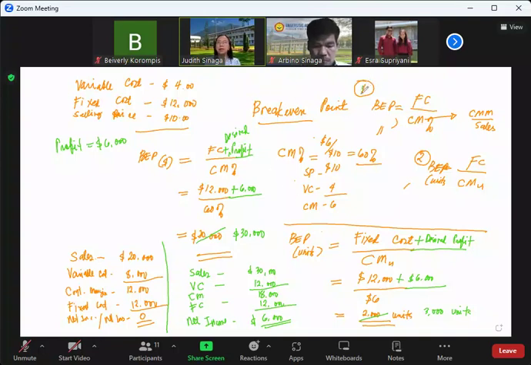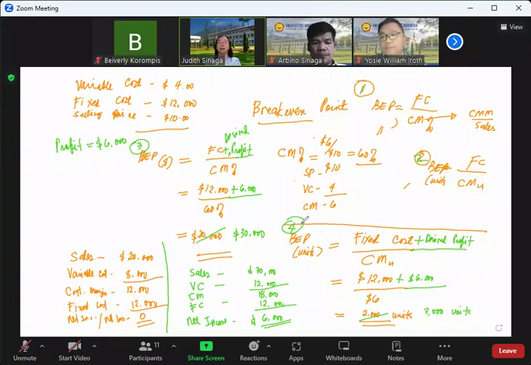Ini 1, 2, baru ini 3, baru 4. Oke, ini masih satu produk. Nanti kita lihat ke break even, mengcompute break even jika produknya banyak jenis produk.